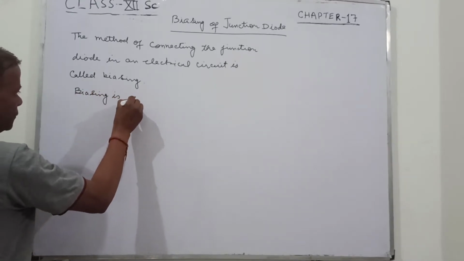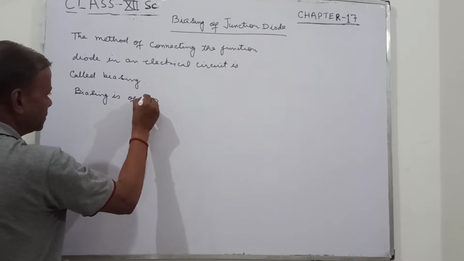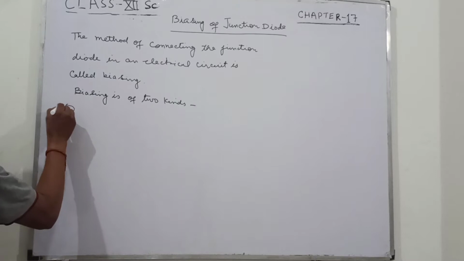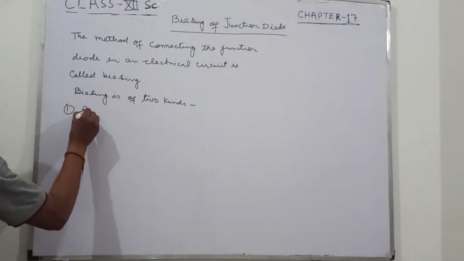Biasing is of two kinds. Number one, forward biasing.